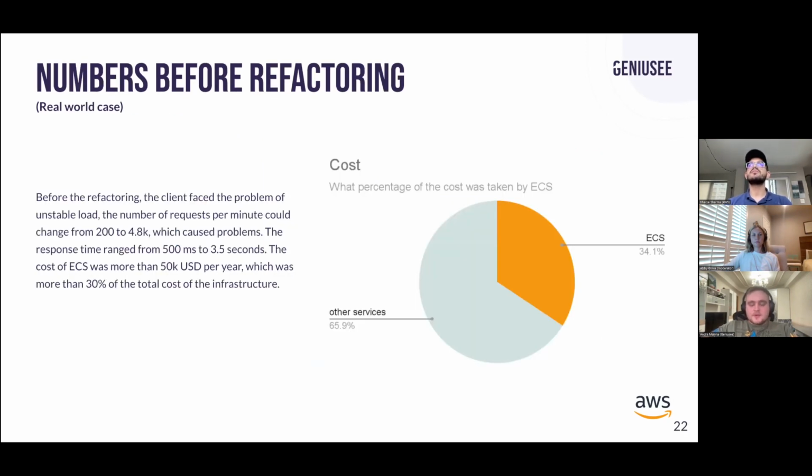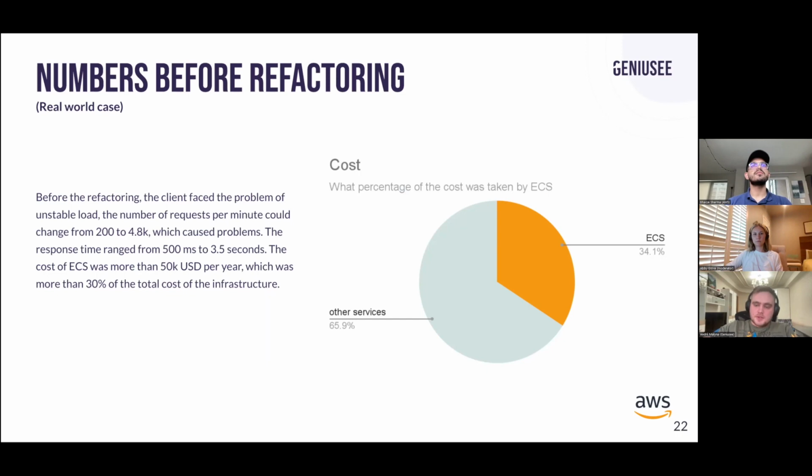Now some numbers from before the refactoring and a bit of information about the client's problem. Before the refactoring, the client was facing the problem of unstable load. The number of requests per minute could change from 200 to almost 5K requests per minute, which caused problems because ECS and Spring inside the ECS didn't have time to scale horizontally.